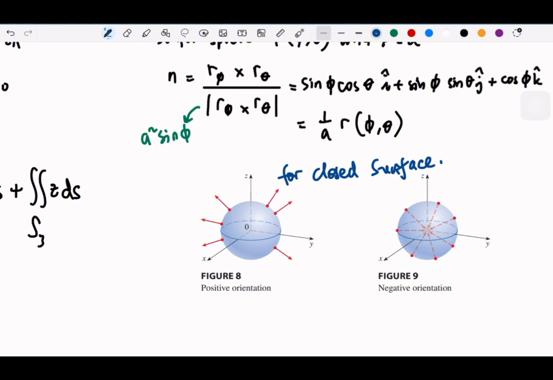Basically, if you have these two conditions, it means that in the sphere, r theta cross r phi, if we switch the order, will be the negative of it.